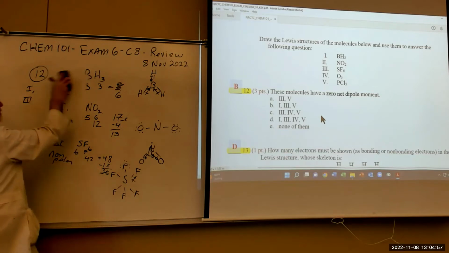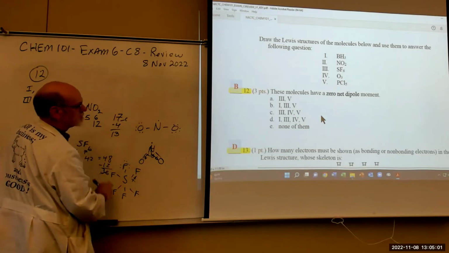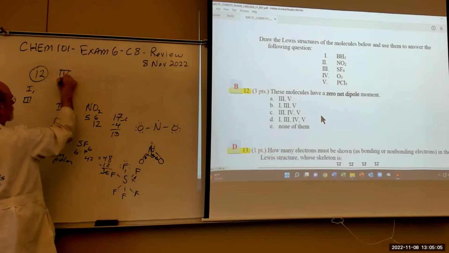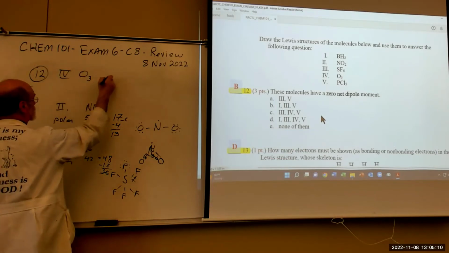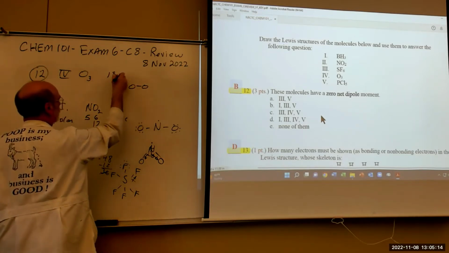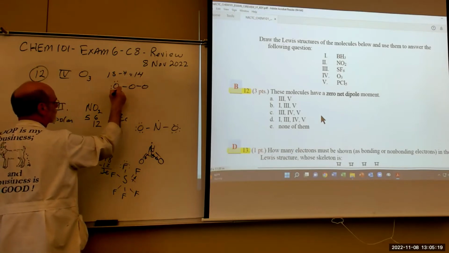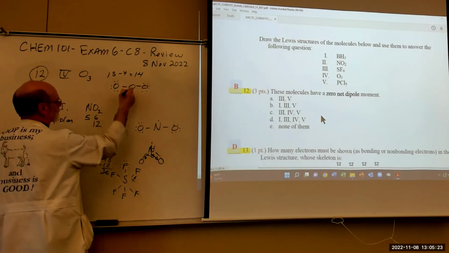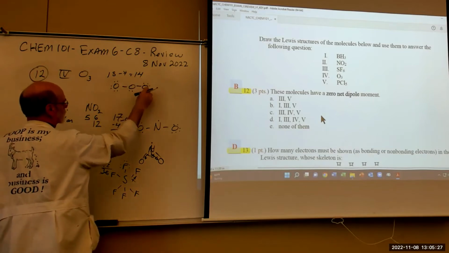I need to erase some of this. And then 4 is ozone. Right? So 3 times 6 is 18, correct? So that's 2, 4 equals 14. 1, 2, 3, 4, 5, 6, 7, 8, 9, 10, 11, 12, 14. 2, 4, 6, 8, 10, 12, 14, 16, 18.